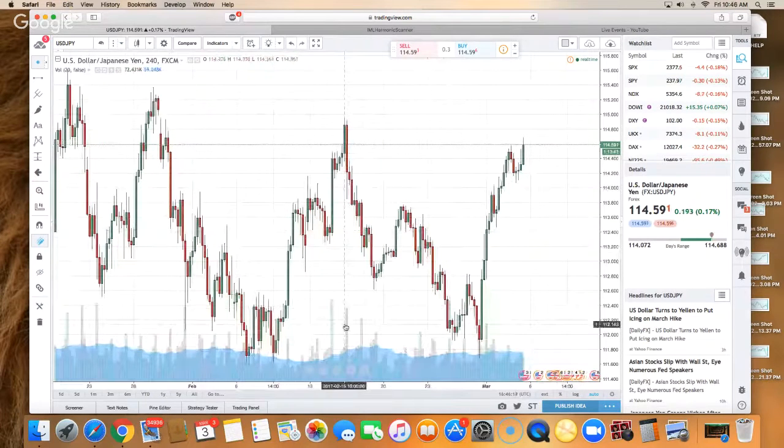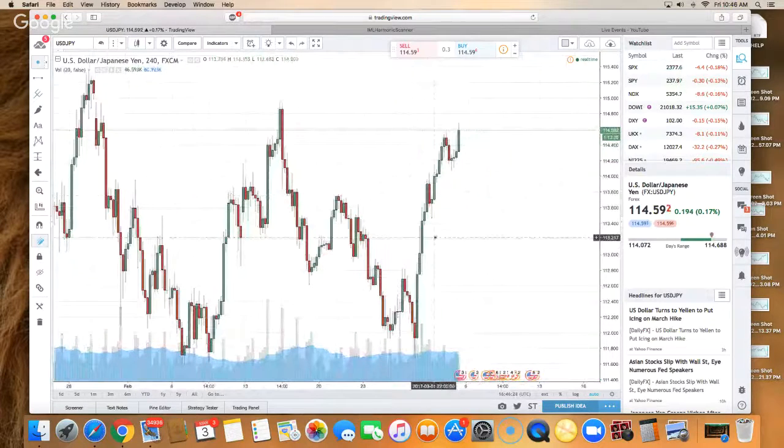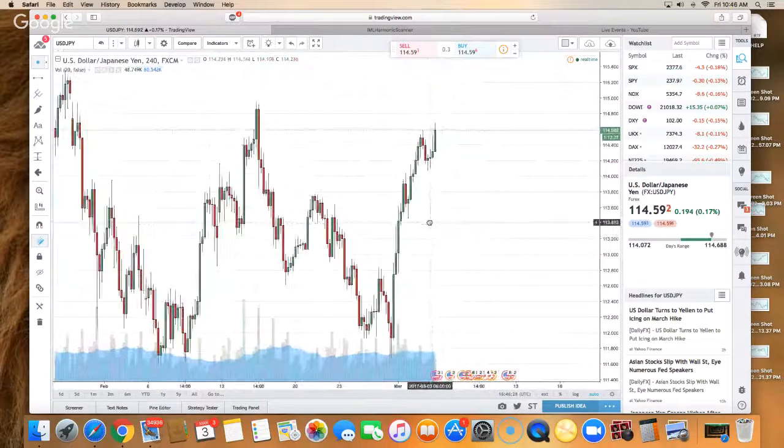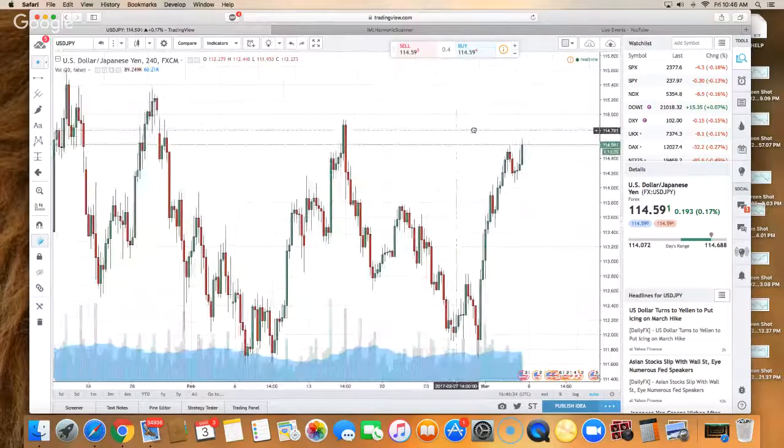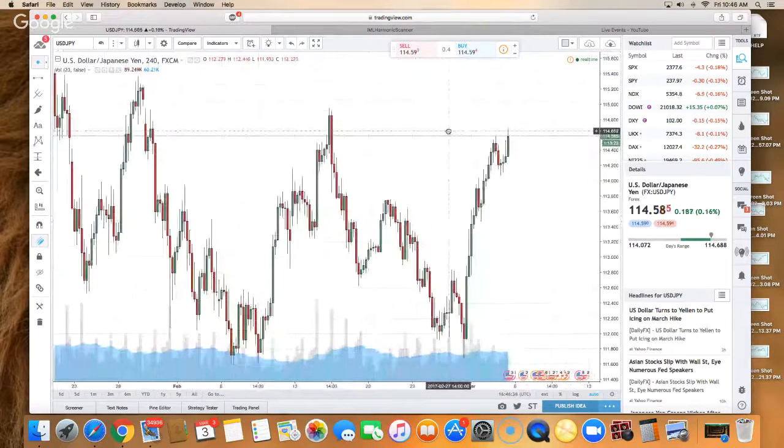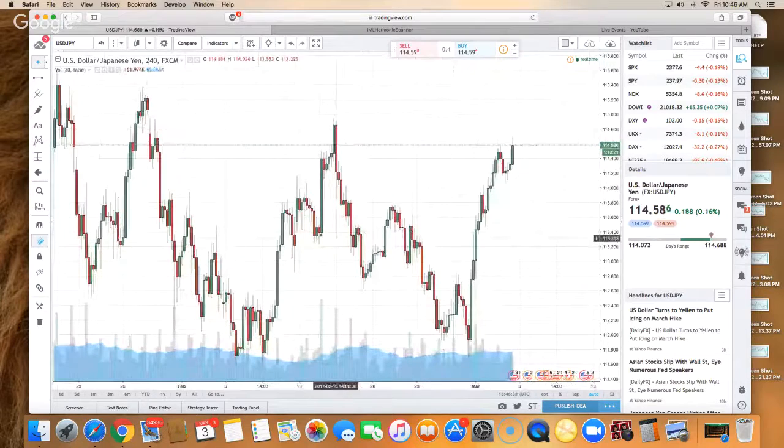And when you start to understand these swings and these support and resistance zones, you can really start to understand how the market moves, and you can pretty much predict where price is going to go after a while.